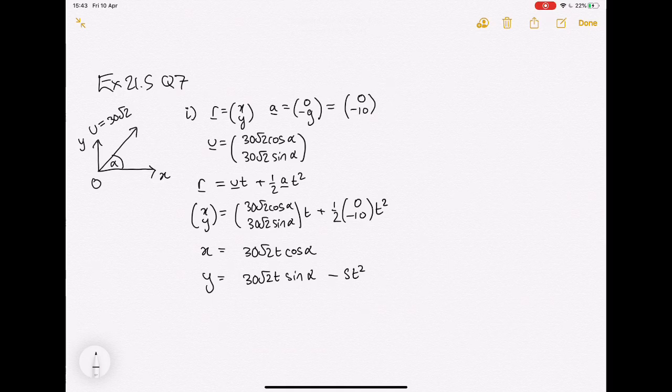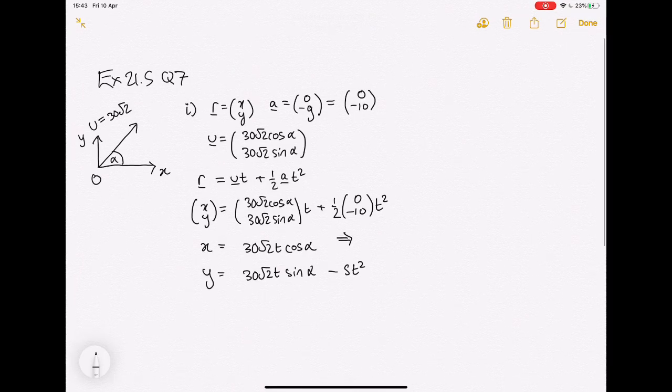Then if we rearrange the first one for t and substitute it in, we're going to get an equation in y, x and alpha. So t equals x over 30 root 2 cos alpha.